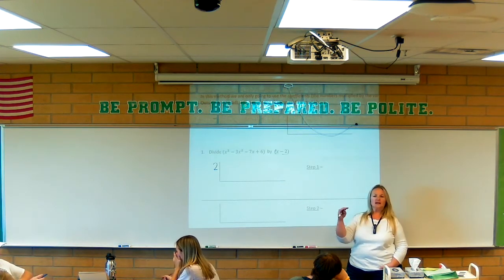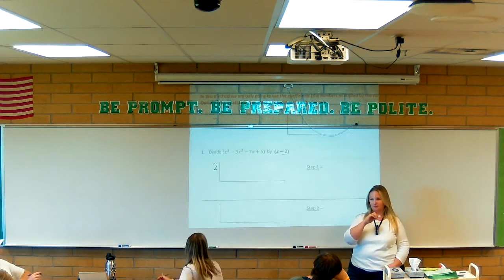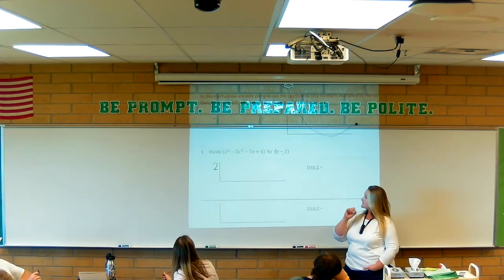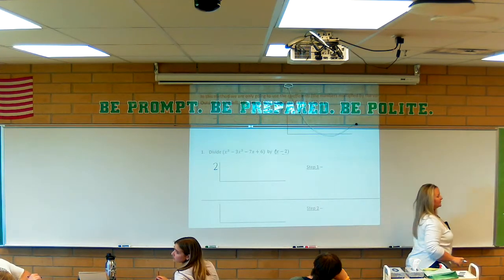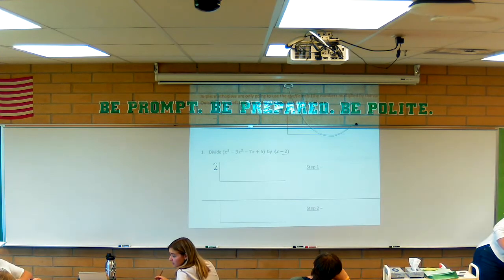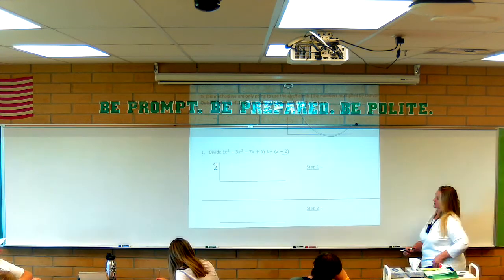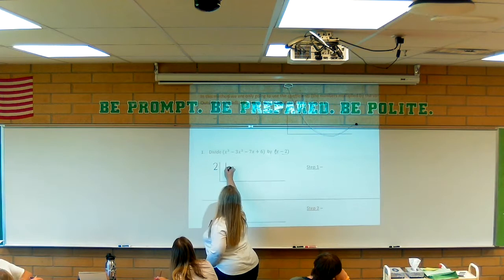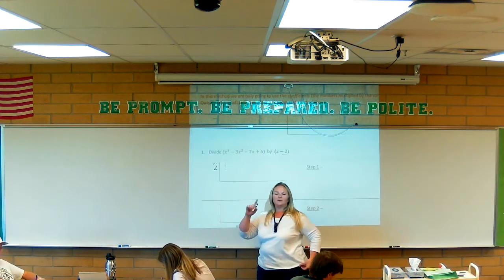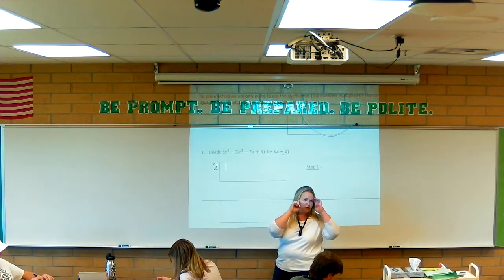Okay, what goes next to it but inside the box? Coefficients of the what? Dividend. And what are the coefficients of the dividend? The first one is 1. Okay, watch. This is what happens in my head every single time I do one of these problems.